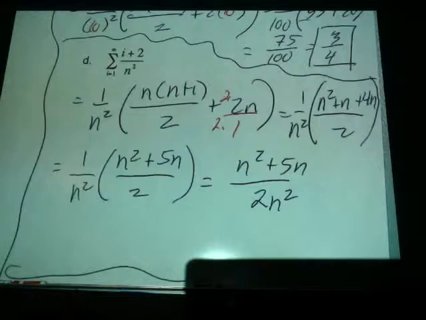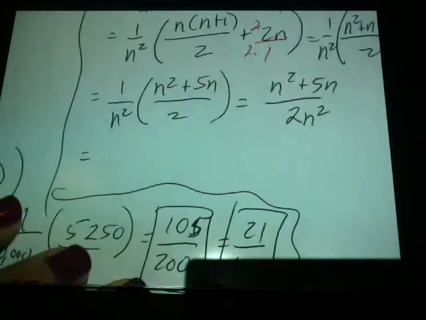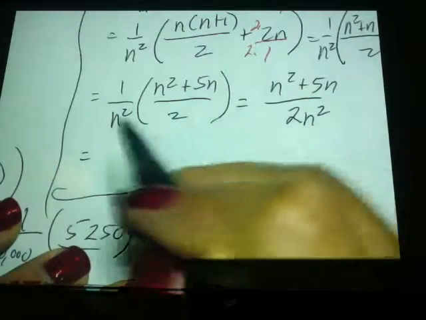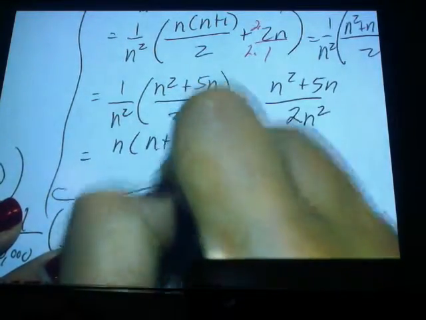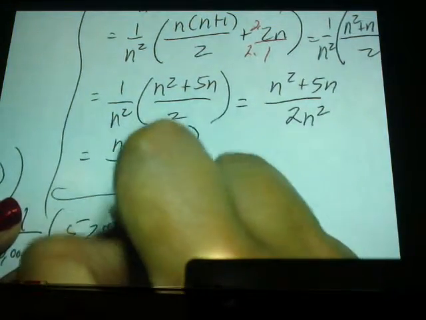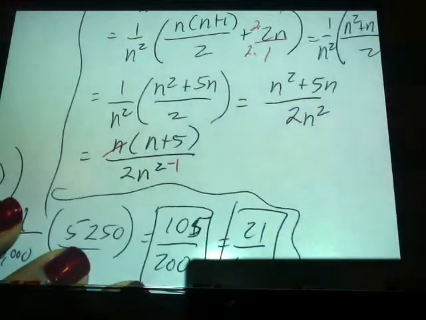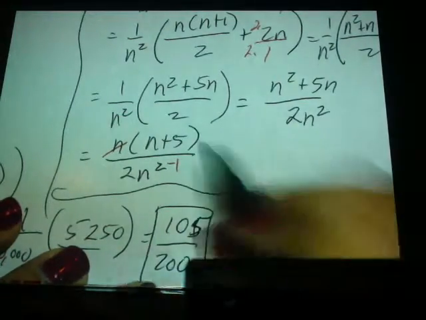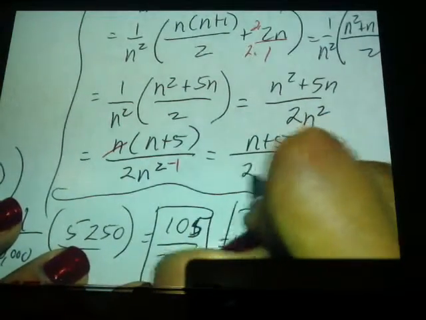Can I factor anything out? Yeah, I can factor an n out of both top and bottom. So I've got n times n plus 5 all over 2n squared. Can't this n cancel with one of those? And so now I'm looking at n plus 5 all divided by 2n.